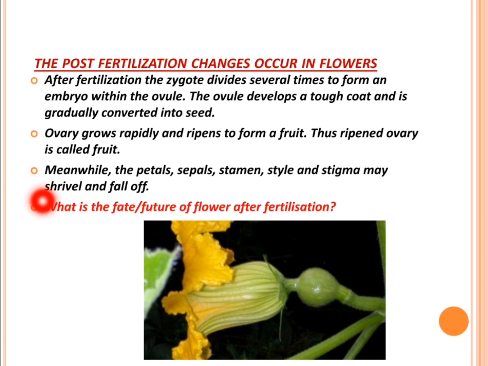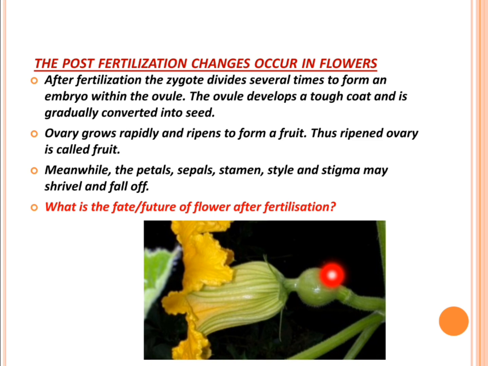Meanwhile, the various floral parts of the flower like petals, sepals, stamen, style and stigma may shrivel off and fall off. Only the fruit with seeds is left behind. Sometimes some floral parts like sepals remain behind even after fertilization.